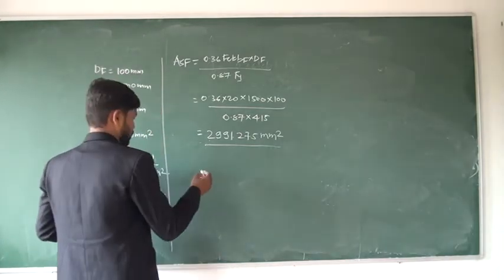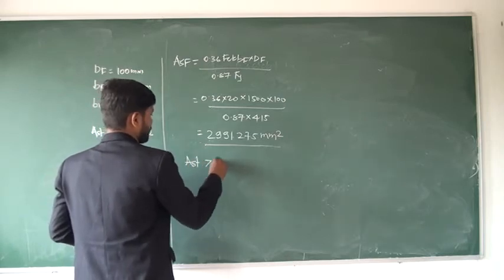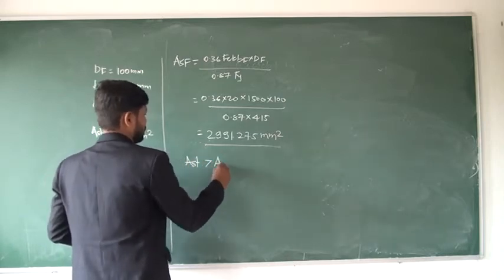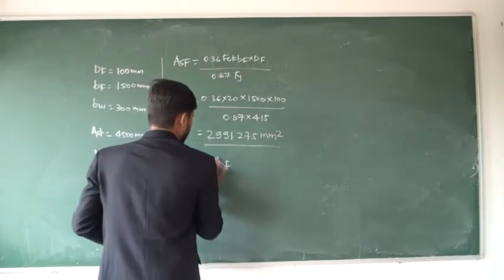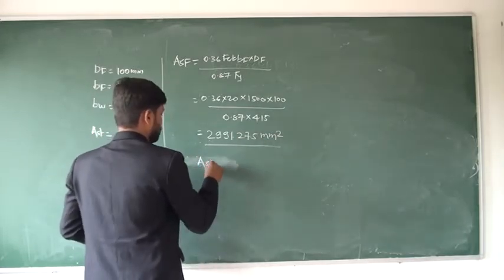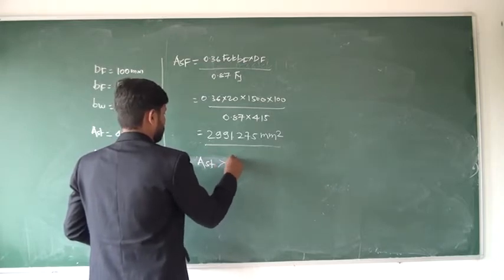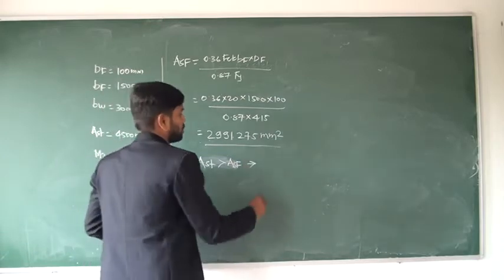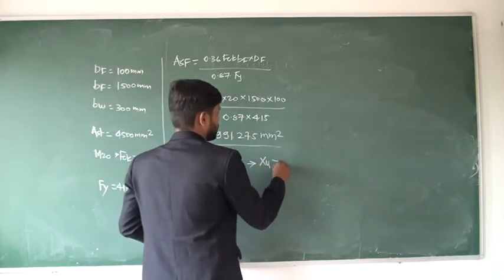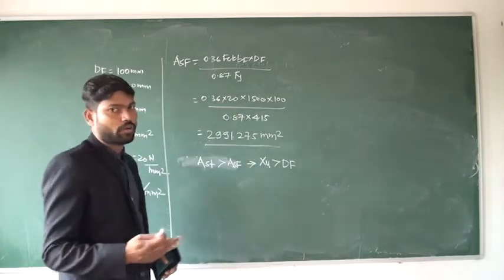AST is greater than ASF. It means XU is greater than DF. So it may be case 2 or case 3. We don't know whether it is case 2 or 3.